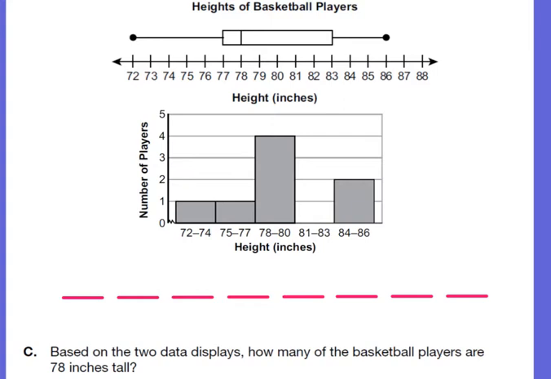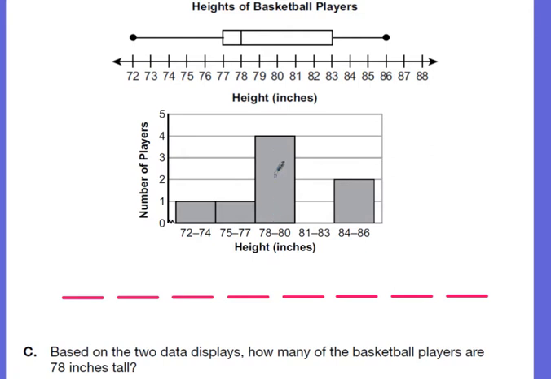Well, from this thing that's called, I think, a histogram. If you look at this little graph or plot, it's telling you that there was one player between 72 and 74 inches tall. There was one player between 75 and 77 inches tall.